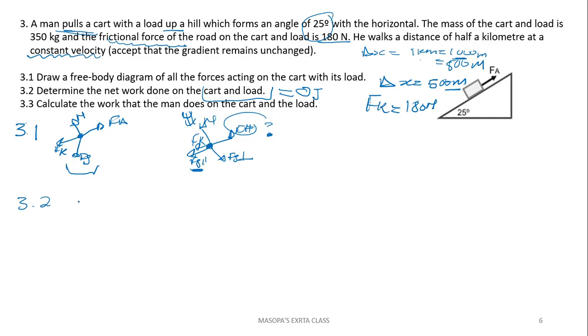Remember, with constant velocity, you can basically say the net work is equal to 0, meaning we have to look for the work done by Fg parallel, the work done by the applied force, and also the work done by Fk, because the only forces taking place are these 3 forces, as you can see in the free body diagram that you normally use when calculating.